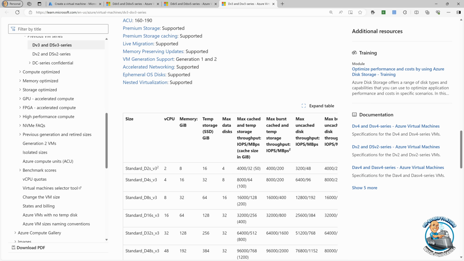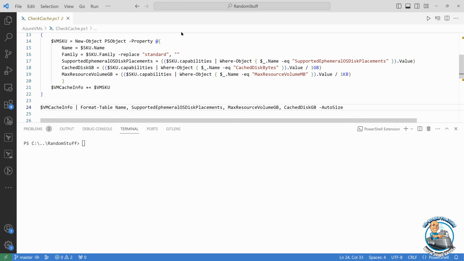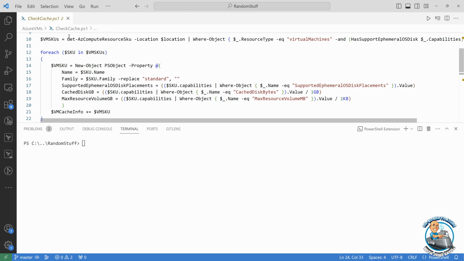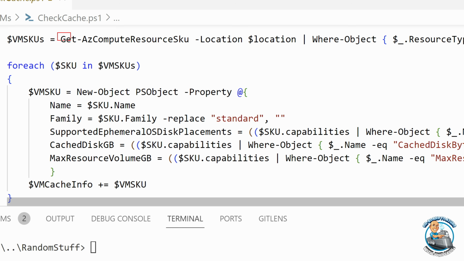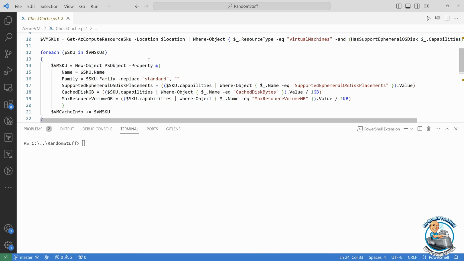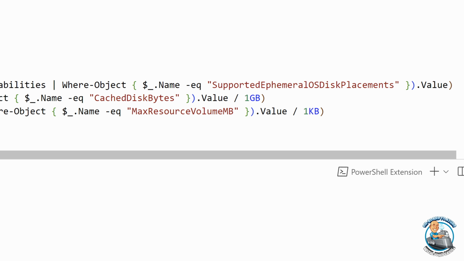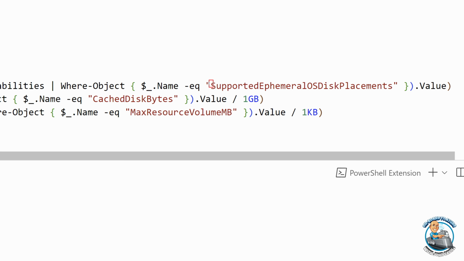You can still peek. So if I use PowerShell, one of the things I'm actually looking at here, if I use the Get-AzComputeResourceSku, I can go and look at a couple of properties. And specifically, it will tell me if it supports that ephemeral disk on the resource disk, which is the temp drive or the cache disk.